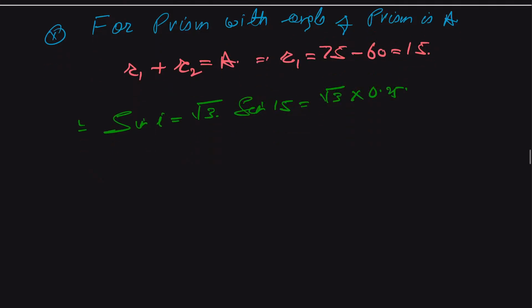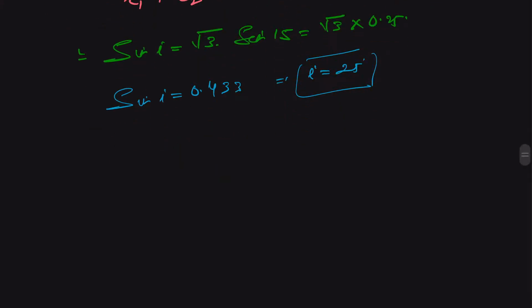Square root of 3 is approximately 1.73, so this comes as 0.433, and sine of 25 is approximately 0.43. Therefore I is approximately equal to 25. And for total internal reflection, the value of I should be less than or equal to 25. This condition is to be satisfied, then only the total internal reflection is going to take place.